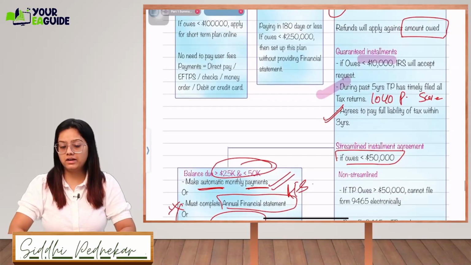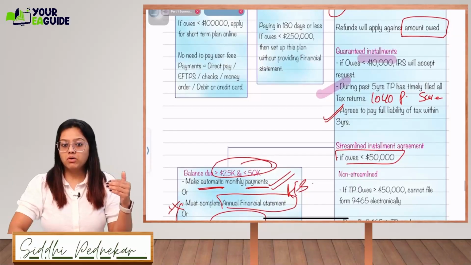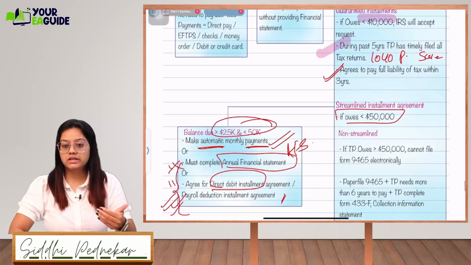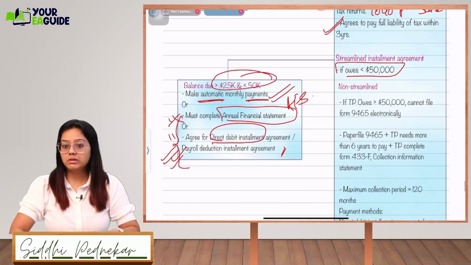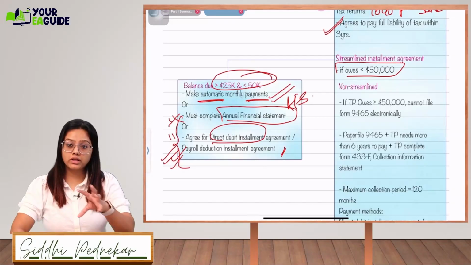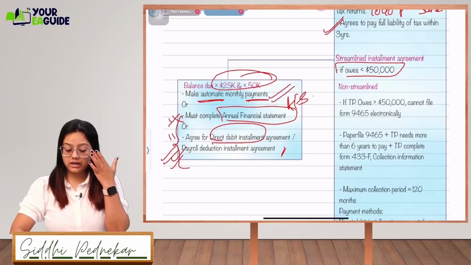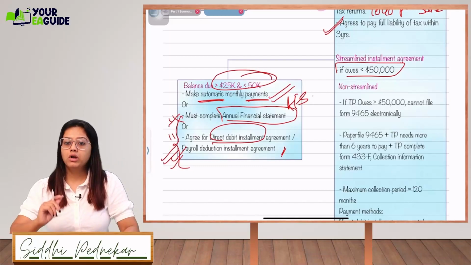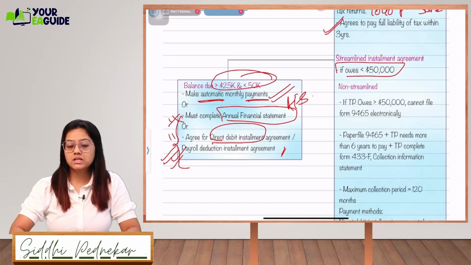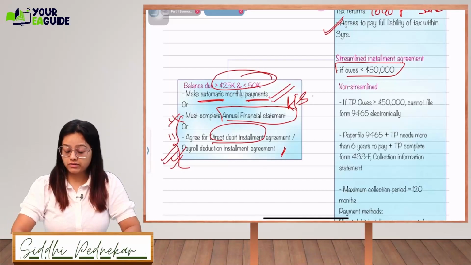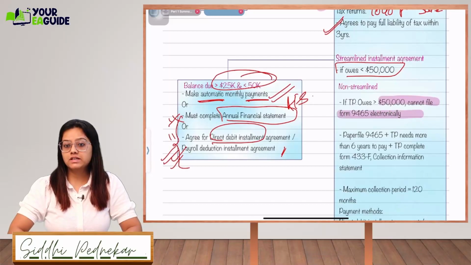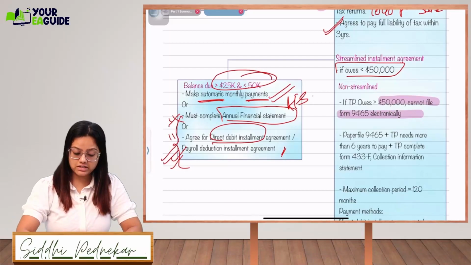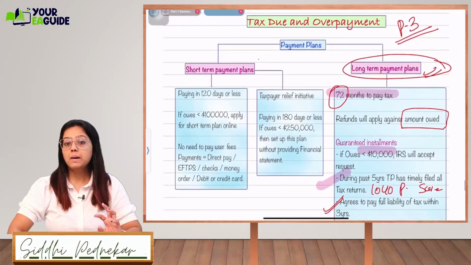The other one was guaranteed: up to $10,000 is guaranteed. More than $25,000 up to $50,000 is streamlined. Okay, what do you mean by non-streamlined? If you owe more than $50,000, let's say there is a huge amount of tax and penalties, you can opt for non-streamlined. It means if the taxpayer owes more than $50,000, they cannot file Form 9465 electronically. 9465 is nothing but the application for payment plans.